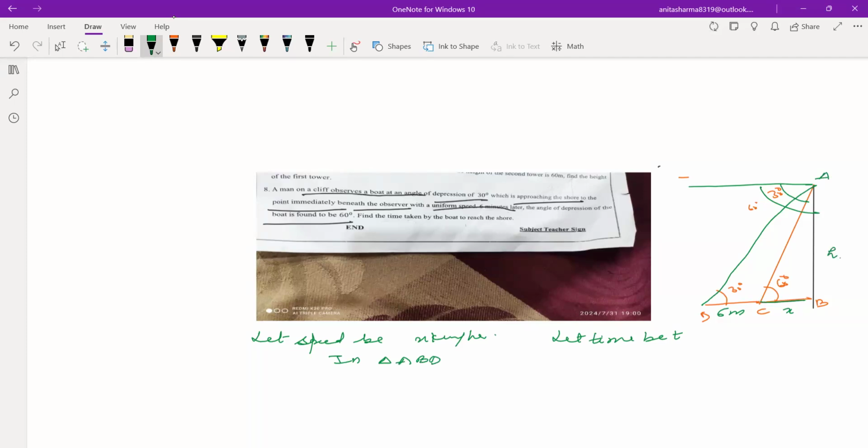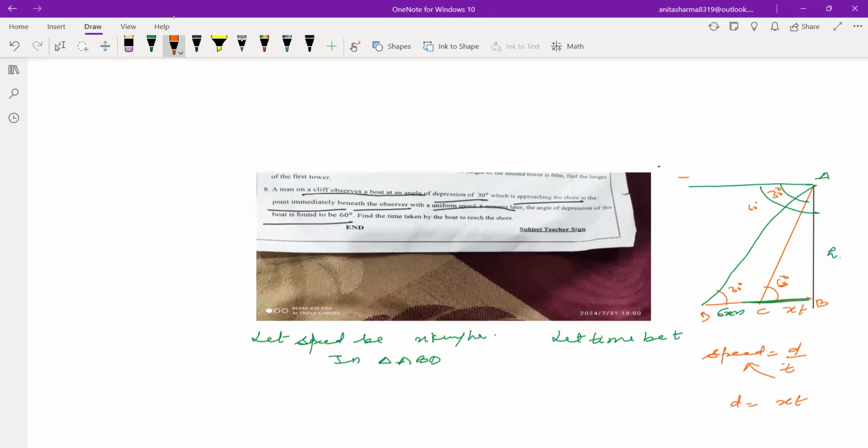So now this distance will be, see beta, this distance will be, what will it be? x is the speed of this. Tell me, what is the formula for finding speed? Distance upon time, right? Then distance will be speed into time. So xt, right?